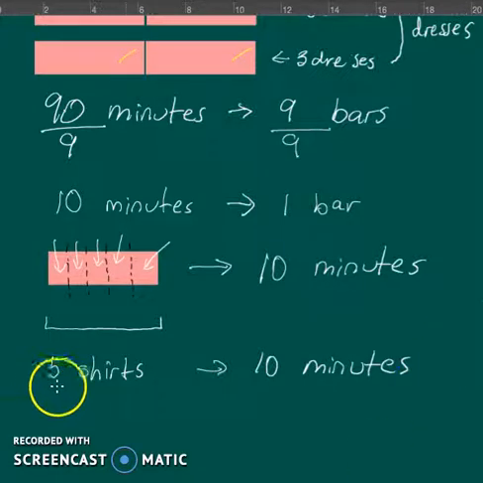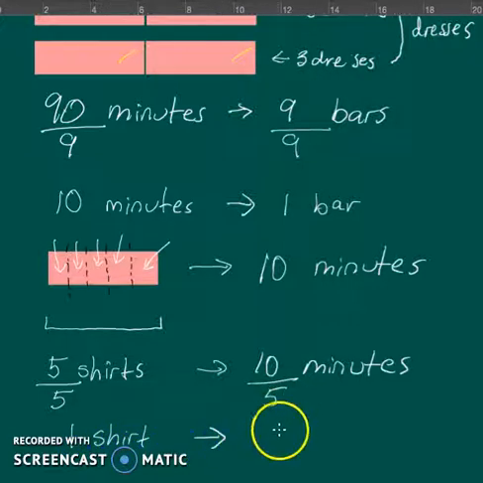Well, how do we get from 5 shirts to 1 shirt? We divide by 5, and then we'll also have to divide the amount of time by 5. 5 divided by 5 is 1 shirt, and 10 divided by 5 is 2 minutes. And there's your answer. It takes 2 minutes to make each shirt.